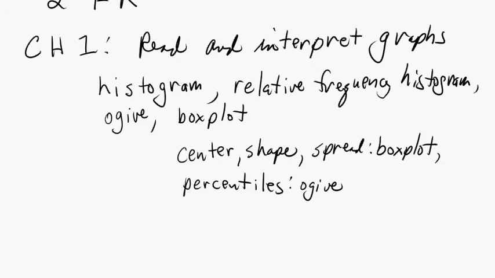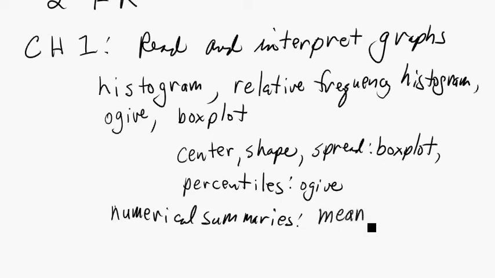You need to be able to get numerical summaries of any piece of data you get. Numerical summaries meaning you need to be able to find your way around finding a mean and a standard deviation.